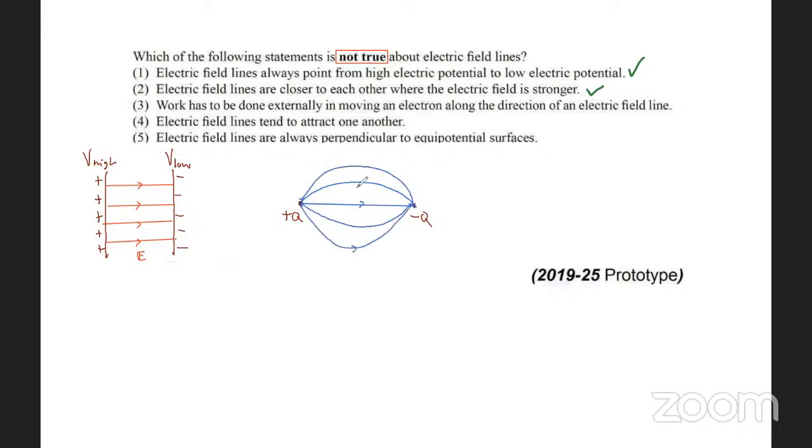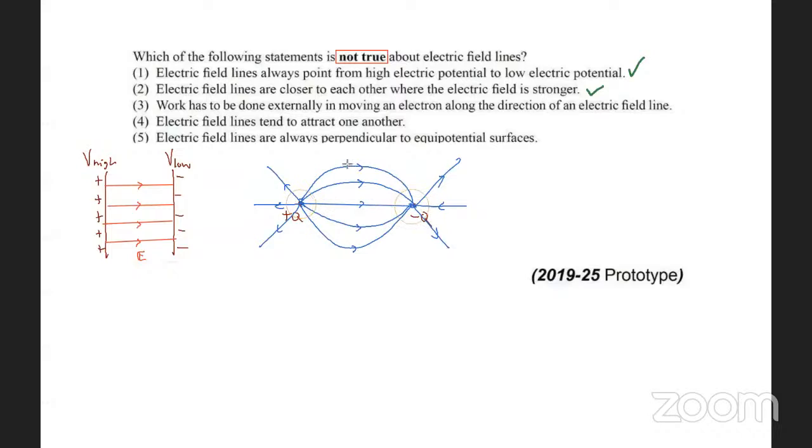If you draw a small circle closer to the charge, the electric field lines go out like this, away from the positive charge, and they come towards the negative charge. So when you draw a circle closer to the charge, there are so many electric field lines in that particular region.